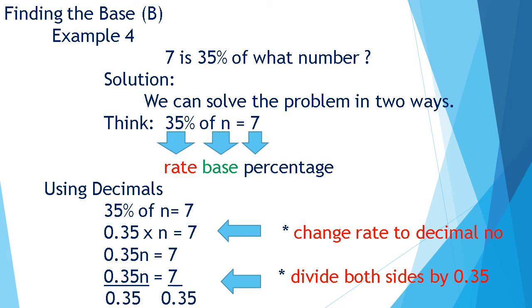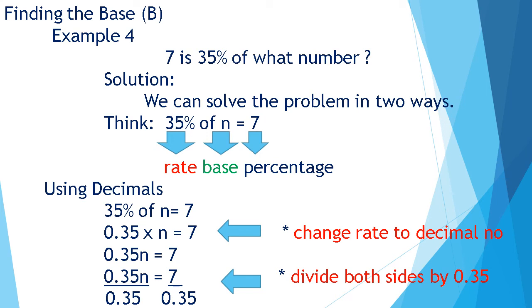So 35% of n is equal to 7. 35%, we are going to change the rate to decimal number. So 35% changed to decimal number becomes 35 hundredths times n is equal to 7.